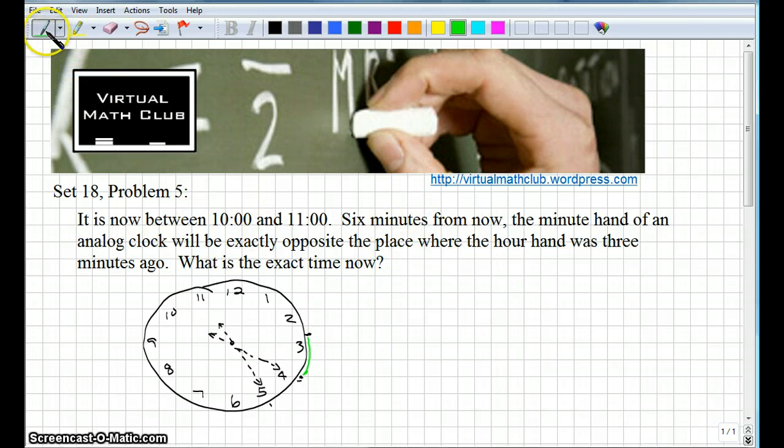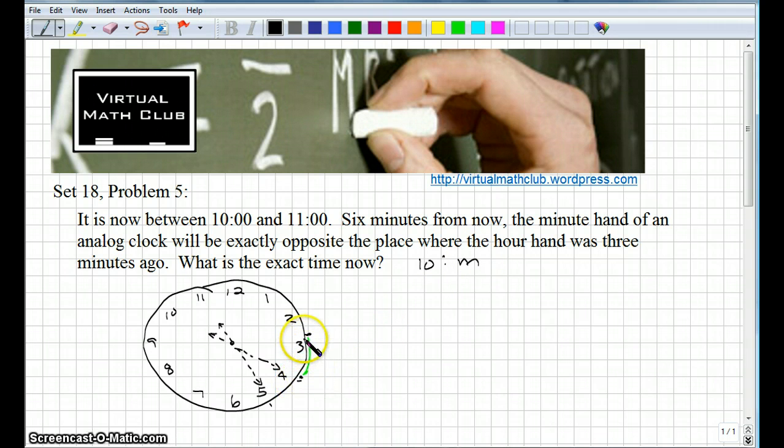And the hour part is easy. It's 10 o'clock, somewhere in there, because it's somewhere between 10 and 11. So we know the hour of the current time is 10. But what we don't know is the minute part, and that's what we've got to figure out. But we've got to narrow down.